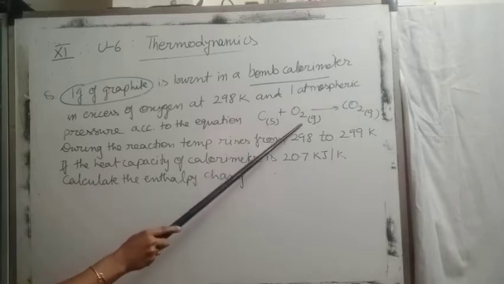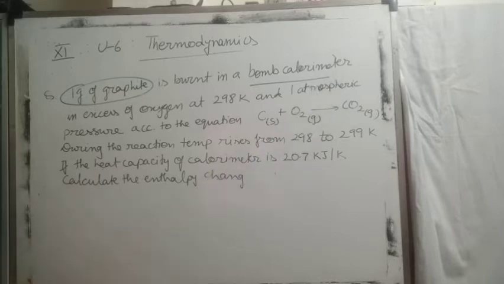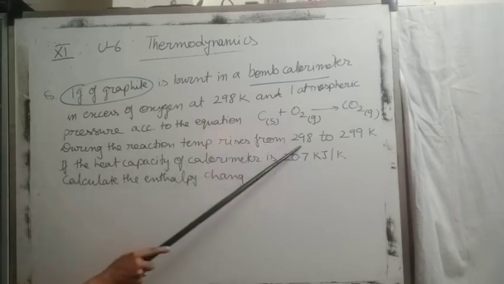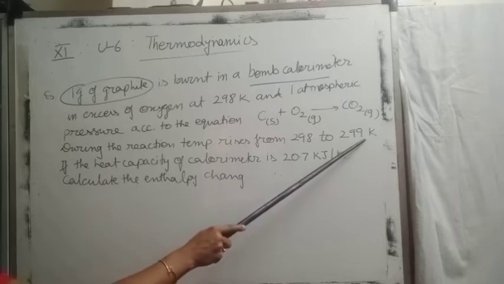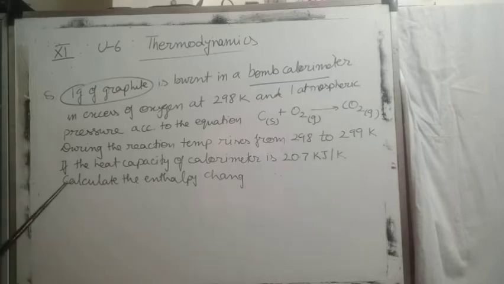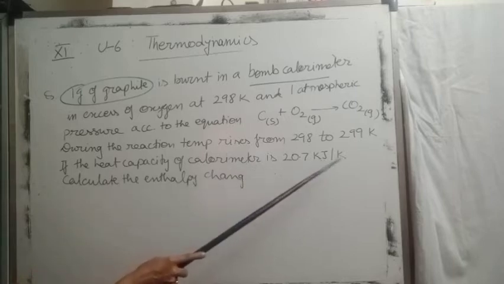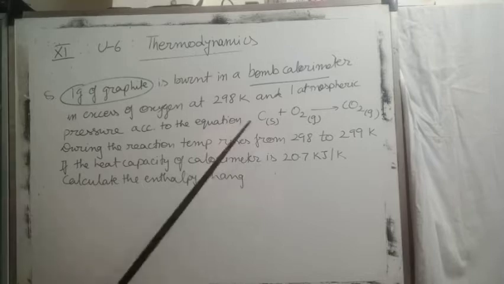That is graphite plus oxygen gives carbon dioxide. During the reaction, temperature rises from 298 Kelvin to 299 Kelvin. If the heat capacity of calorimeter is 20.7 kilojoule per Kelvin, calculate the enthalpy change for the process.